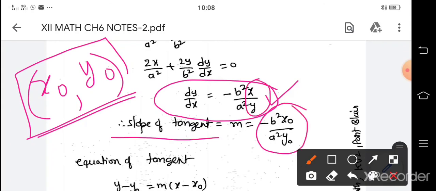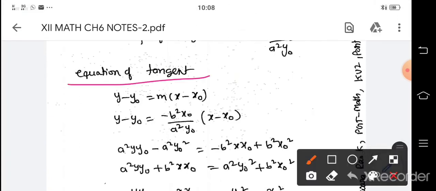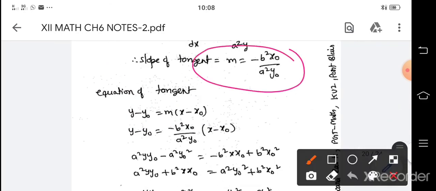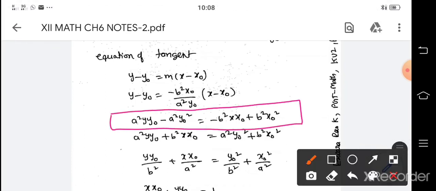Substitute x, y equal to x naught, y naught. Then the equation of the tangent will be y minus y1 is equal to m into x minus x naught. Here the slope is given, so substitute and go ahead with simplification. A square y naught is moved to this side and multiplied.